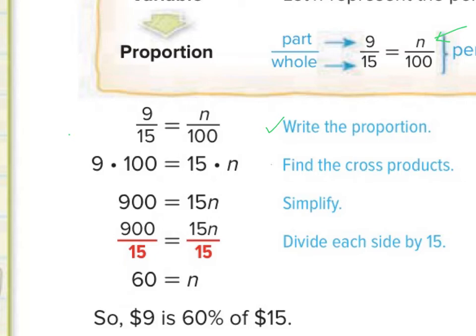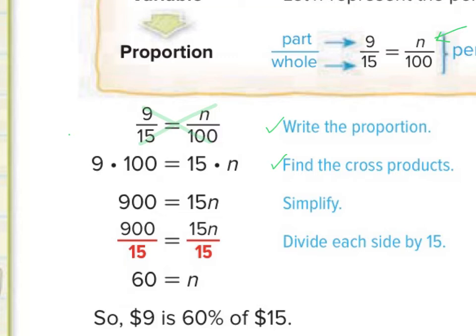The next step is called finding the cross products, which means that we are going to multiply diagonally like this. We're going to find the cross products, and the reason that you do that in a proportion is because cross products in a proportion have to be equal to each other.